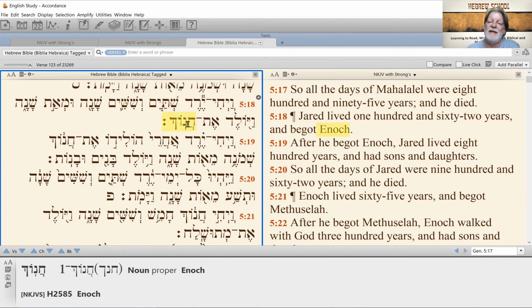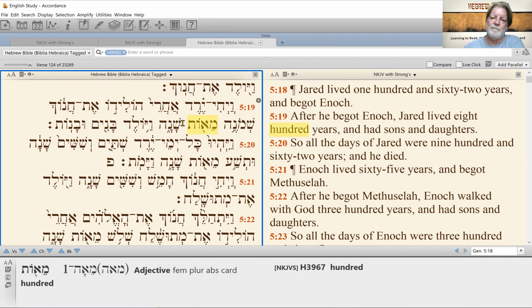In English, that's Enoch, but it's got a chet, first consonant, so it's Chanok. And in the Messianic Jewish translations that we look at sometimes, it is Hanok. His name is Hanok in Hebrew. So I don't know why the chet dropped out in English. English doesn't have a chet, I guess.